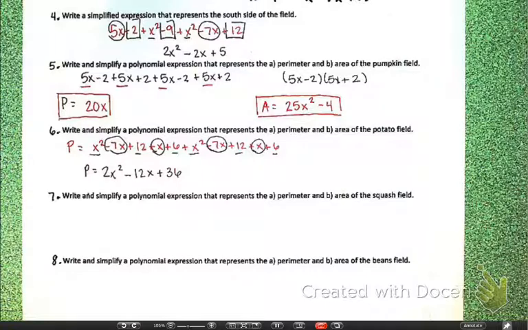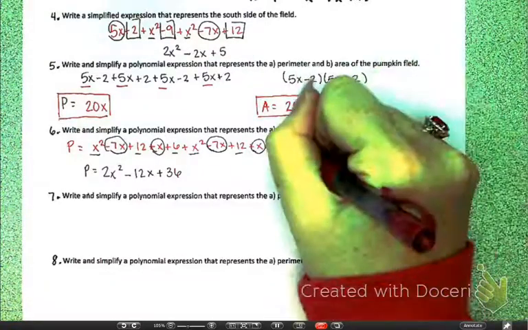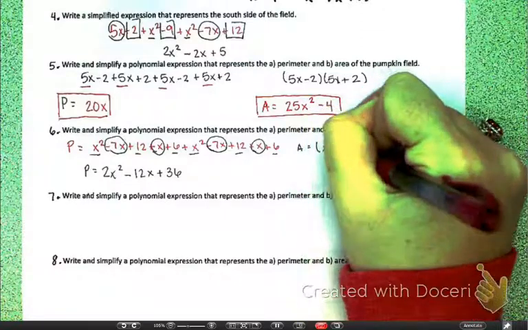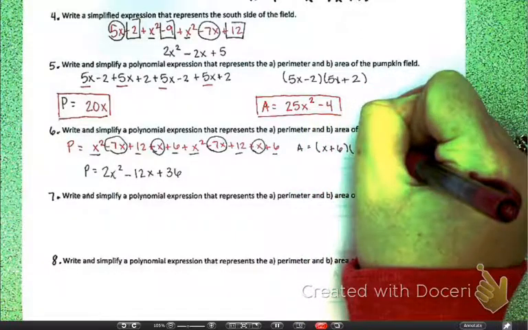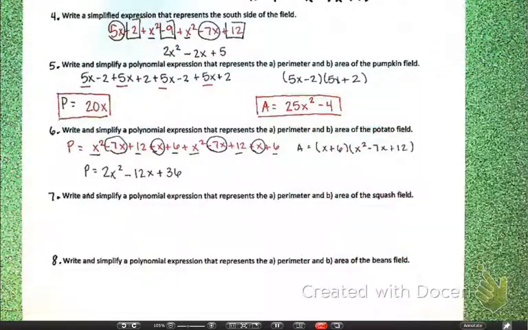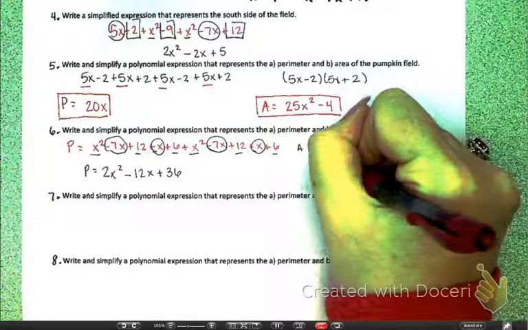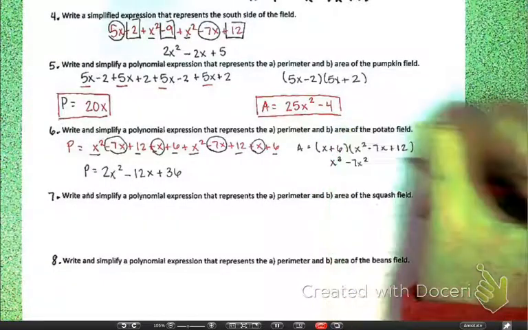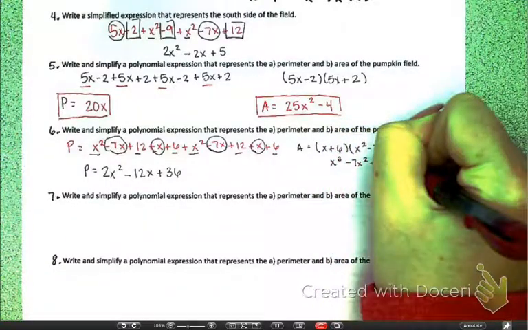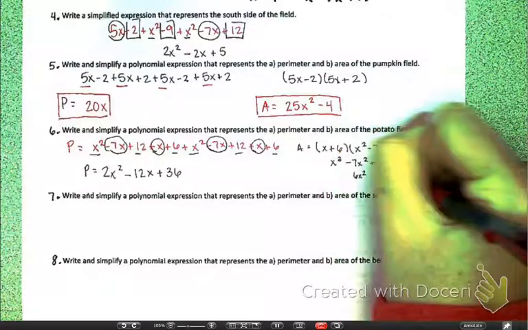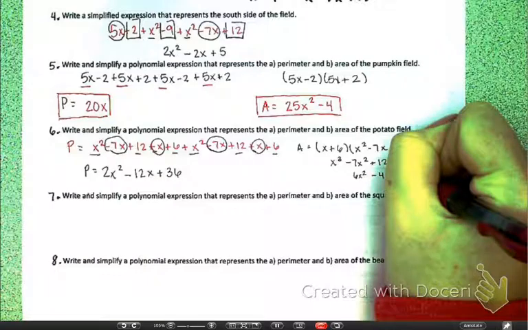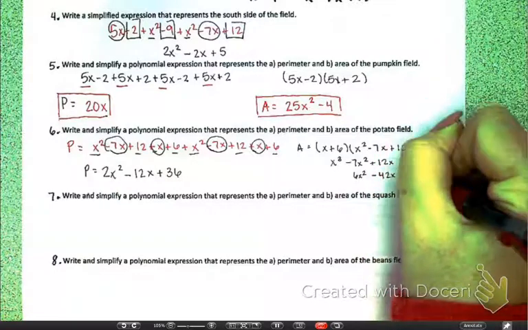Okay. If I want the area, I'm going to multiply the binomial times the trinomial. I'm just going to distribute. So let's see. X to the third minus 7x squared plus 12x. And then 6x squared minus 42x plus 72.